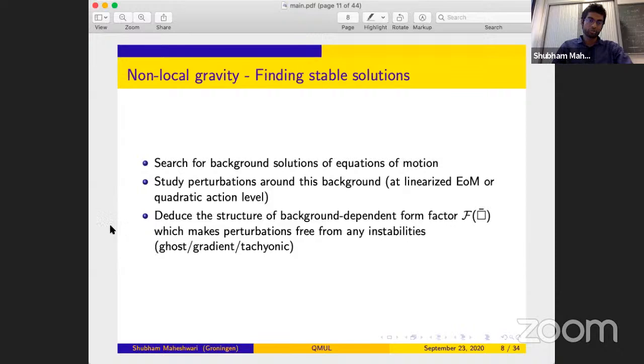And the third point, and the most important one, is to deduce the structure of these background dependent form factors. So this f of box depends on the background around which you're expanding. And is there a way to fix these form factors f of box such that the perturbations around this particular background can be made free from any kinds of instabilities, which could be ghost-like or gradient or tachyonic? And we will see that it is indeed possible to do so.